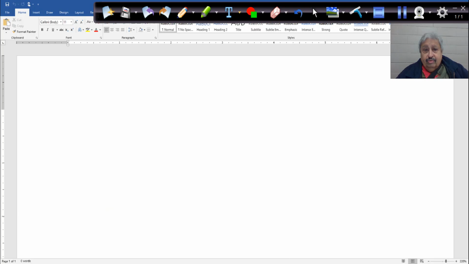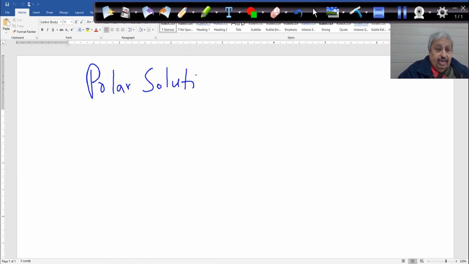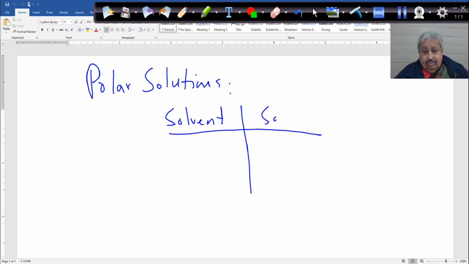So let's take this one out, and as an example of the polar solutions we had in the lab last week, if you remember, our solvent is H2O, and for our solute, we have three different compounds. Two of them are ionic, and one of them is covalent. We took the solvent H2O.